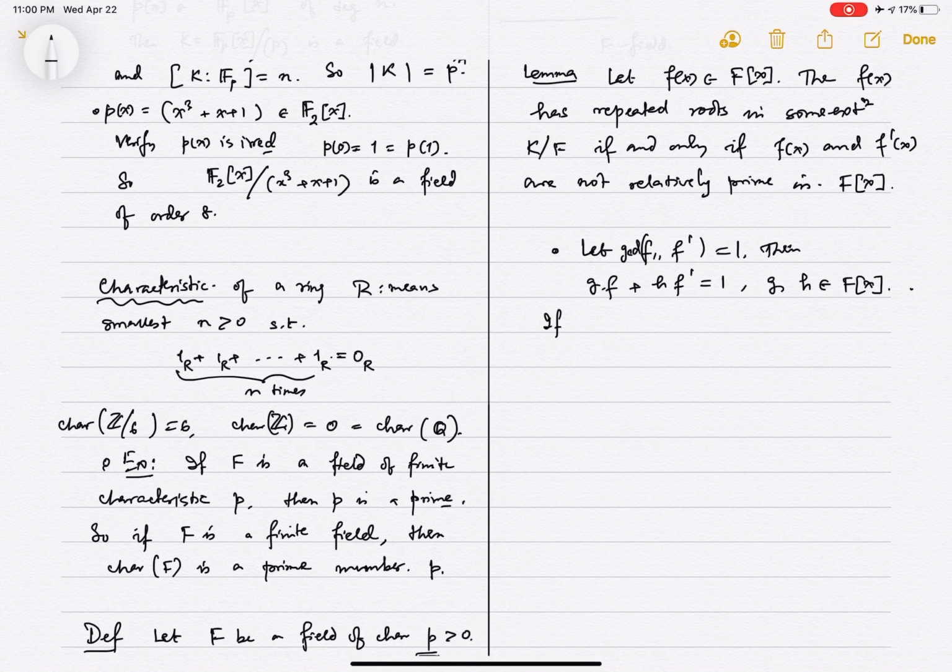So if a is a repeated root of f(x), then f(x) is divisible by (x minus a) squared at least.